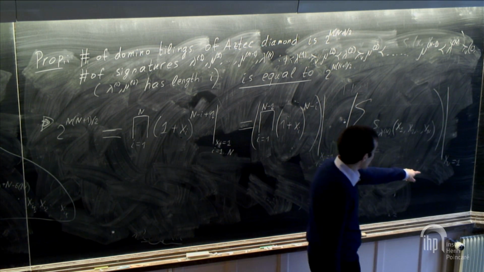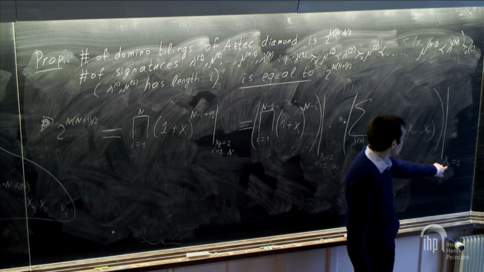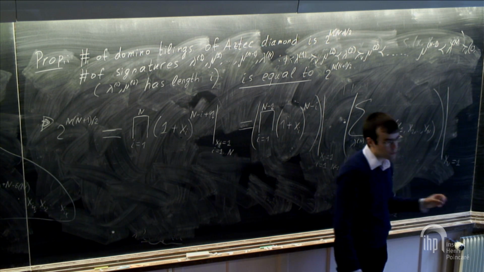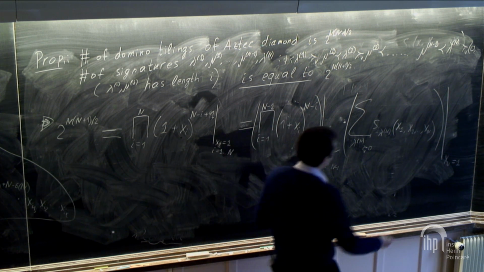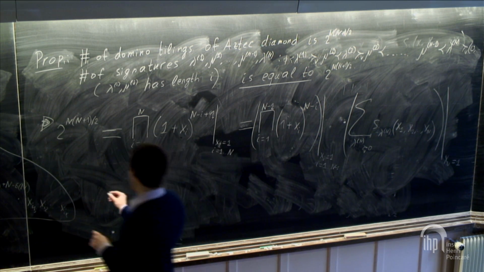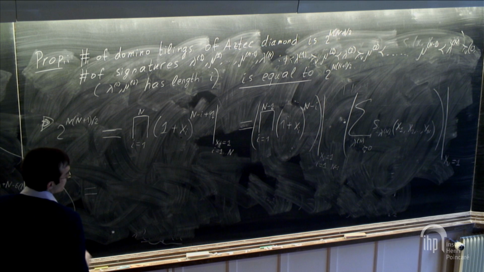Now I need to plug in 1. I want to do this only for this variable x1, for the last variable. And I know how it looks for the Schur function.